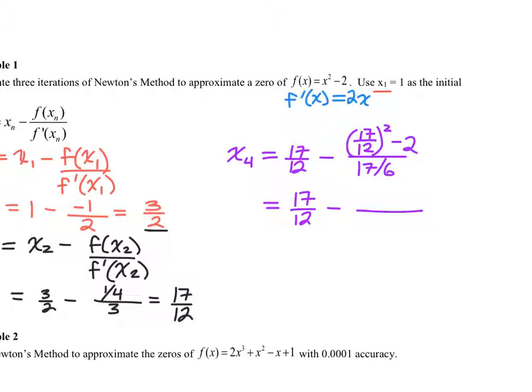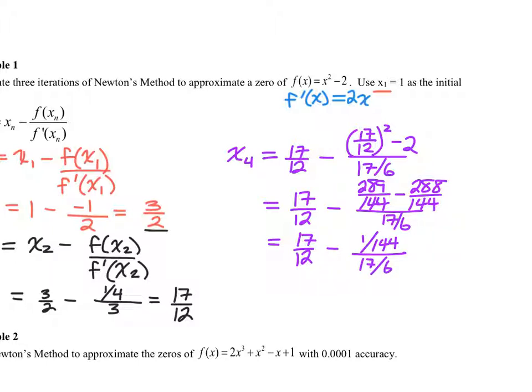289 minus 288 over 144 to give us a 2 over 17 sixths. So 1/144 up top, 17 sixths on the bottom.